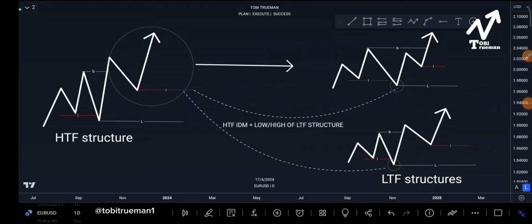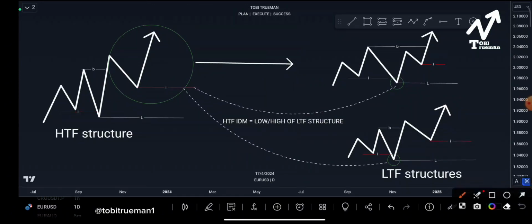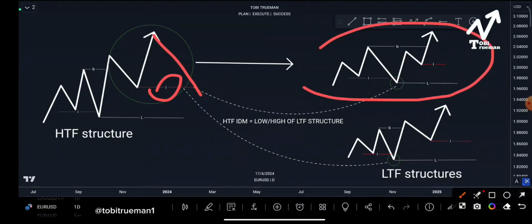This is just to add to the knowledge you have already, to help you out, to ensure that by the time price gives higher time frame inducement and you want to enter, you ensure that the point of inducement of higher time frame automatically becomes the low point of the lower time frame structure. That's if price is buying in this situation.